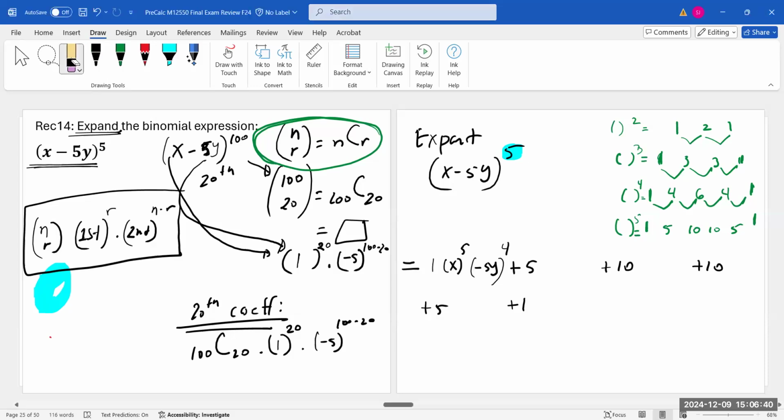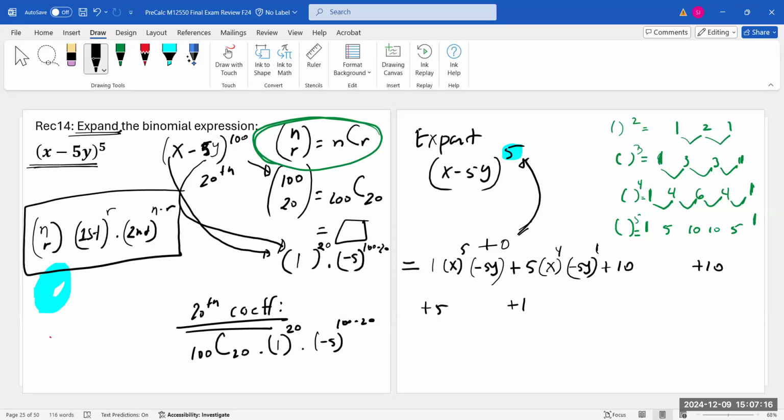No, not 4. Sorry. It's 1. Like 0. Because when you add them, it has to be total this much. So the second one will have x to the 4 and negative 5y to the 1. When you add them, you'll get 5. Yep, makes sense.